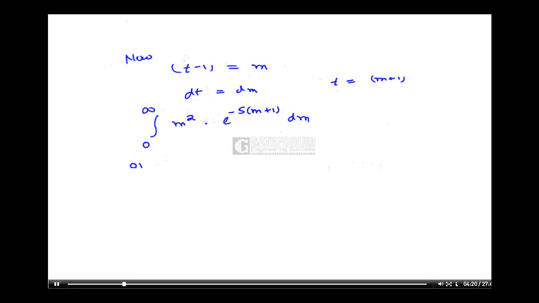On solving this integral, X(s) equals e to the power minus s upon s cube.